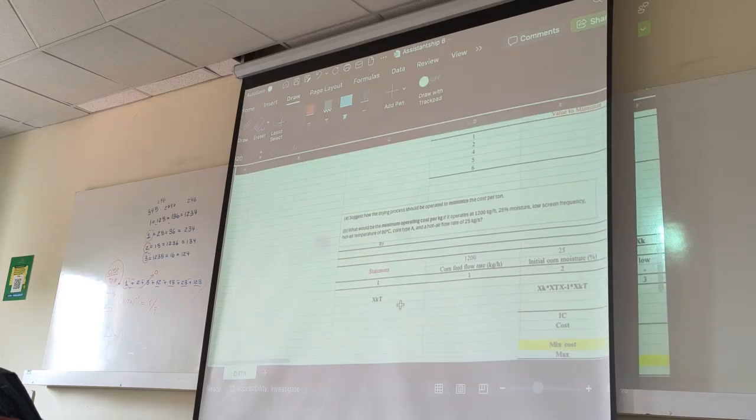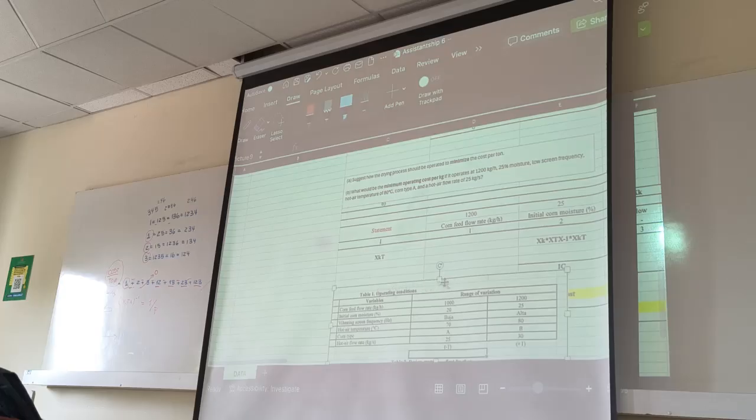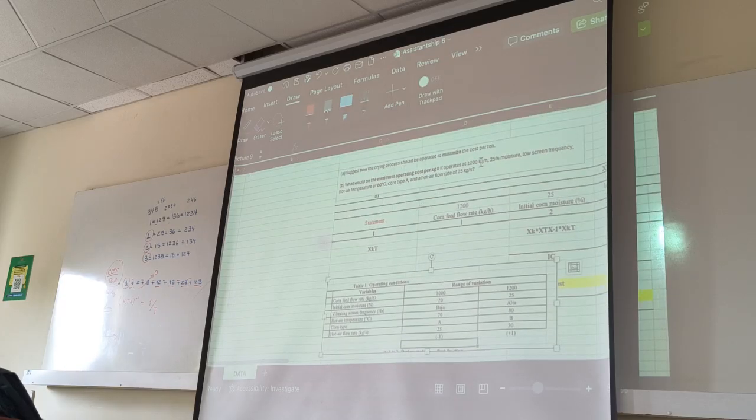So, if we use that information with the operating conditions, we can show that the corn feed flow rate is in the higher part. So here we have a positive one. The constant is always a positive one, so there is just a one.